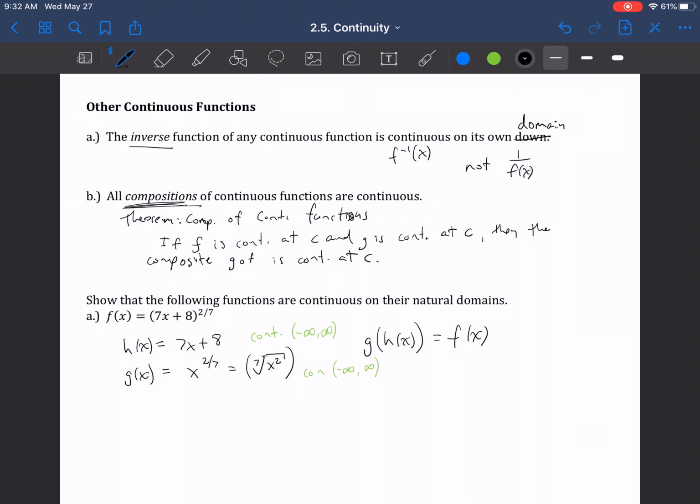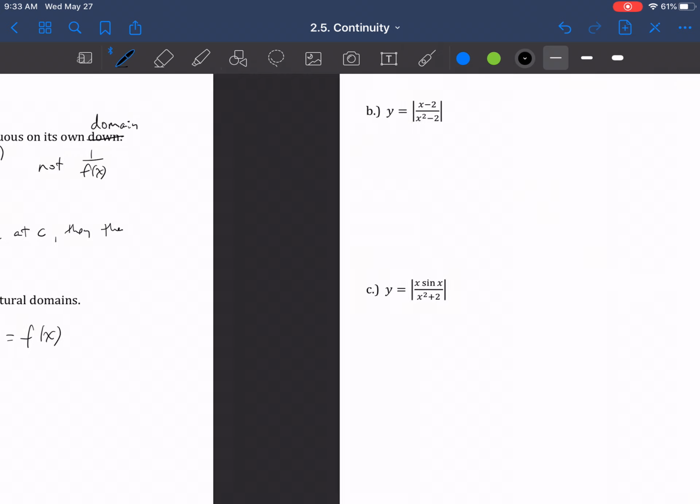So composite functions of continuous functions are continuous, and this is what we have here, a composite function of continuous functions. After this, we have a couple more.